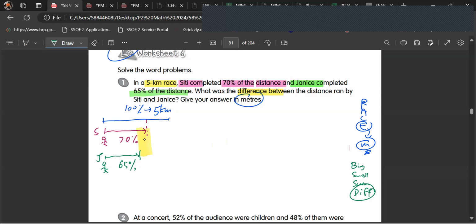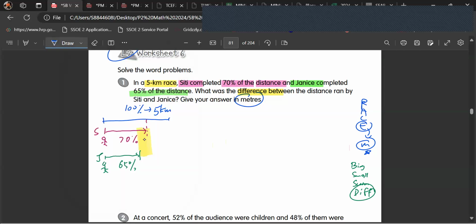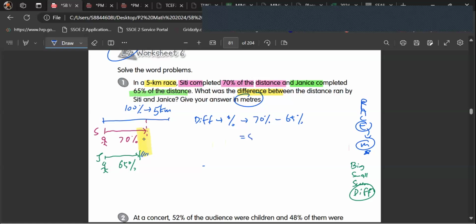Here's the shortcut. Like I heard someone saying, just go straight away to find the difference. The difference between them is here. So the difference in terms of percentage is 70% minus 65% of the whole distance. It is 5%.